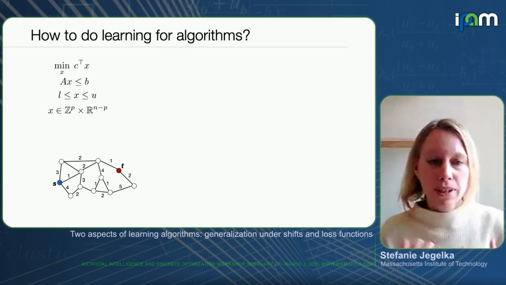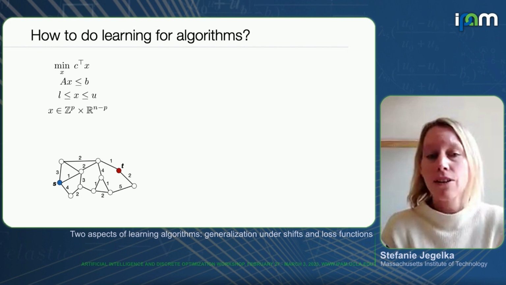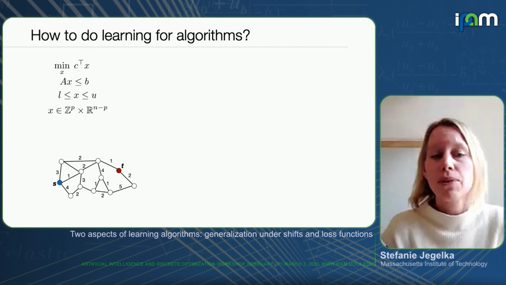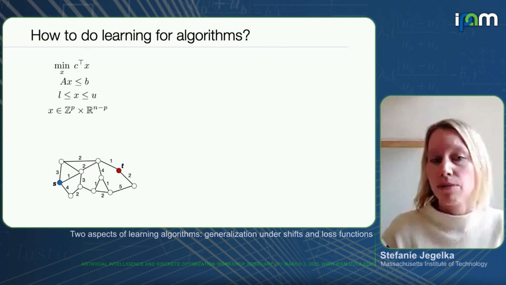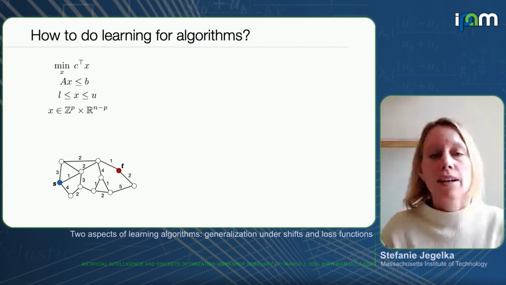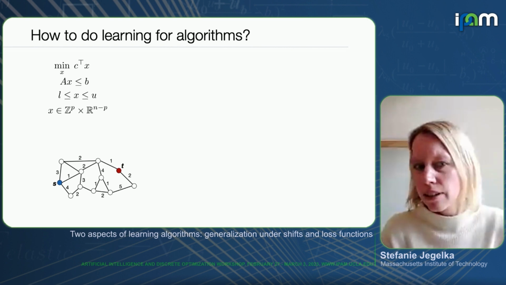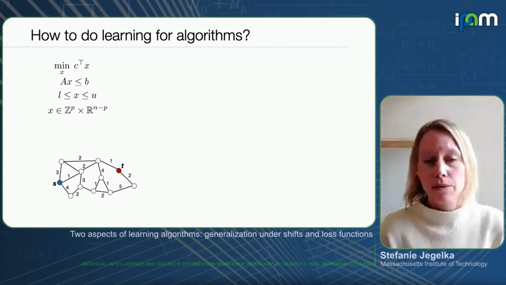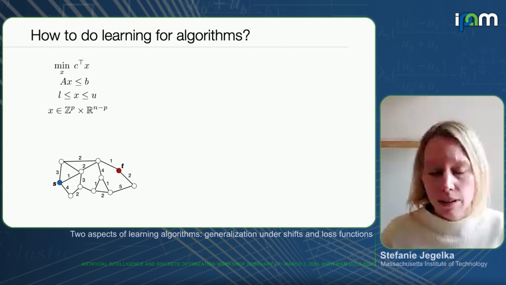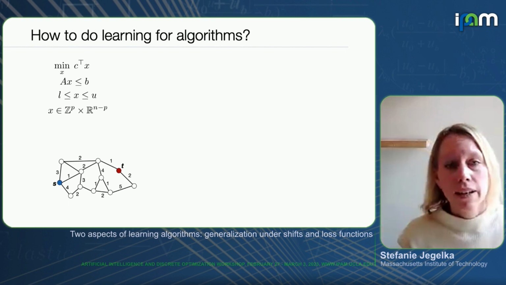So, for instance, my data point in my learning problem may be a graph, and what I want to predict is, for instance, the shortest path in this graph. So each data point in my machine learning problem would be a graph with maybe source and sink marked, for instance, in that case.